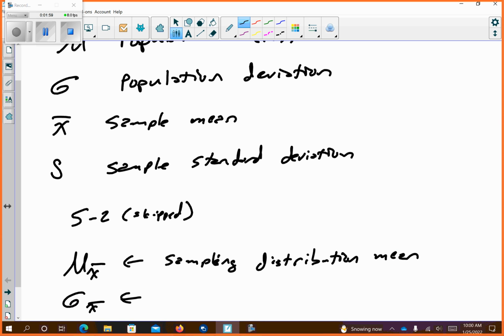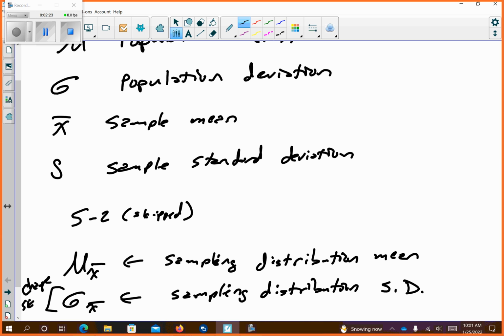So that's the sampling distribution standard deviation. Okay. So those are all pretty legit stuff. Remember, this is going to change. So they call this sometimes a standard error. So it changes our standard deviation from time to time.